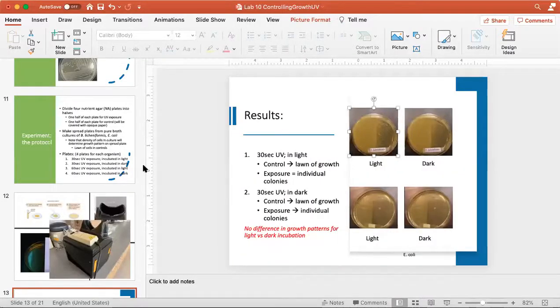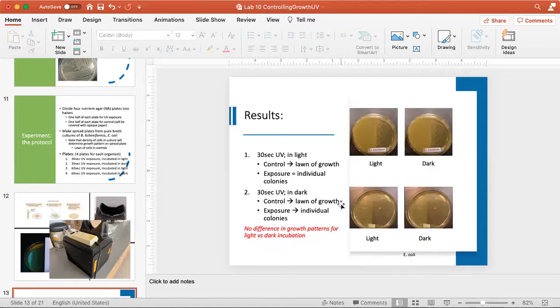All right, so this is what we got from our 30-second plates. 30 seconds of exposure to UV incubated in the light, 30 seconds of exposure to UV incubated in the dark. On the control side of the plate, that was the side that got covered with the index card, we got a lawn of growth.